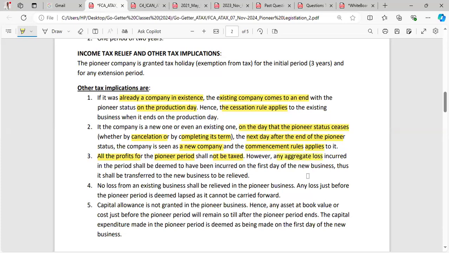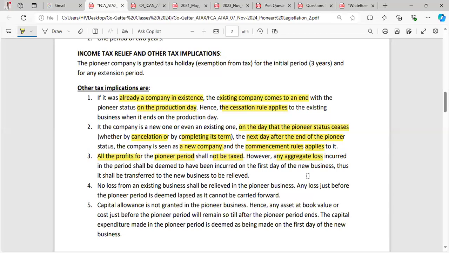Now, what do we mean by aggregate loss? Let's use a 3-year period. If we add all the losses together in the 3 years, it becomes aggregate. So it is possible that in the first year of pioneer, you may make a very big loss. The second year, you might make a loss, but much smaller than the first year.